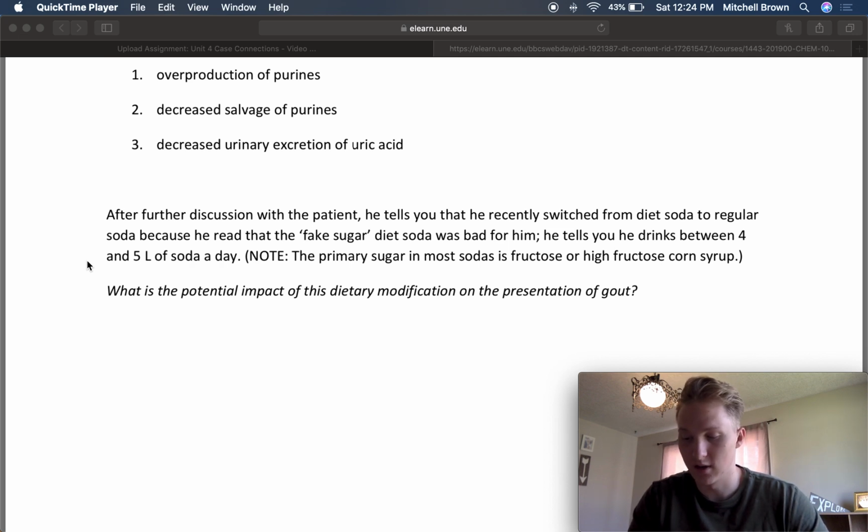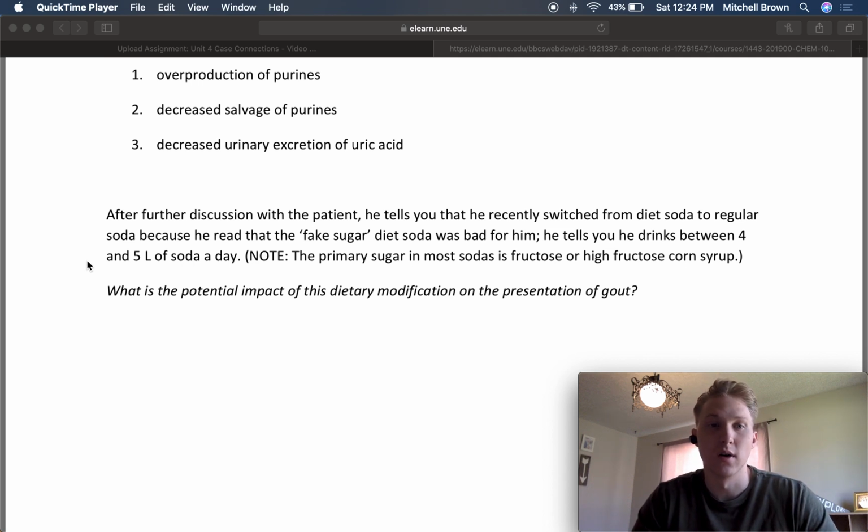In this study, they showed that the increase in uric acid from the metabolism of fructose is generally due to the kidney's inability to keep up with the high levels of uric acid from the metabolism of fructose. The study also suggests that it could be due to an overproduction of uric acid from the metabolism of fructose. So after discussing this with the patient, we know that this dietary modification could definitely have led to his presentation of gout.